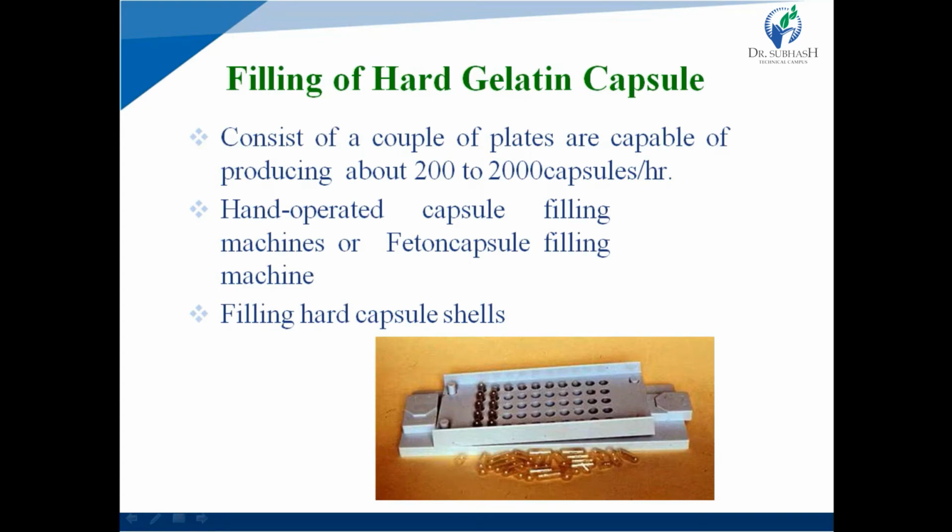That means the hard gelatin capsule machine is made up of two plates, and the capacity of this machine is about 200 to 2000 capsules per hour. The hand-operated capsule filling machine or Feton capsule filling machine is particularly used for filling of hard gelatin capsule shells.